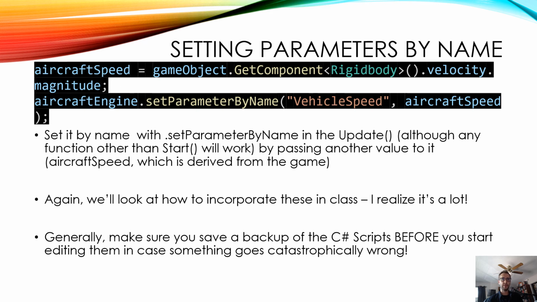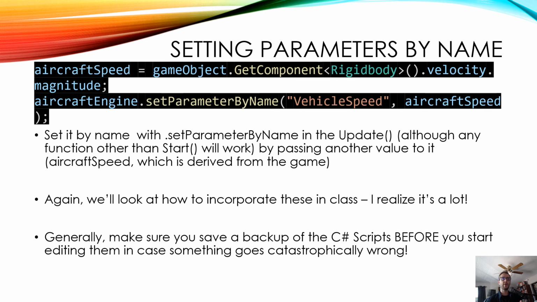So I load that as GameObject.GetComponent, Rigidbody, and then velocity.magnitude. So I'm using that to get essentially the speed factor of a game object that it's attached to. In this case, it's going to be the aircraft itself.